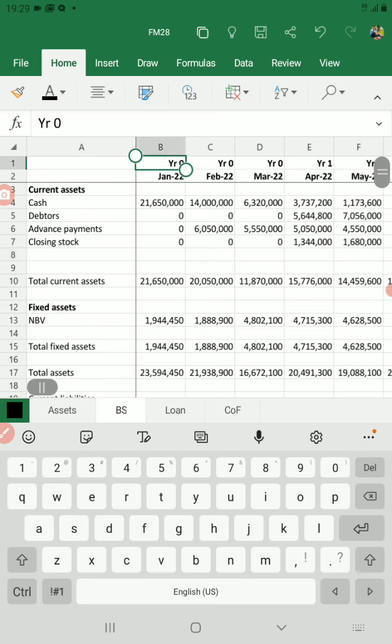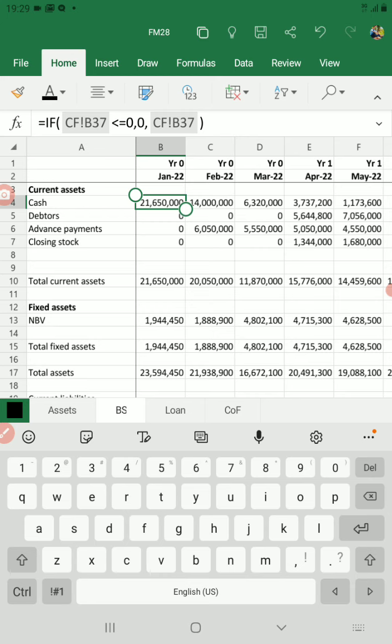During year 0, this is the time when we haven't yet started generating sales for the business, okay? So this is an outlier period. We will not do ratio analysis during this period because we haven't yet started normal operations. So we will start our ratio analysis from the month of April, where year 1 starts, okay?